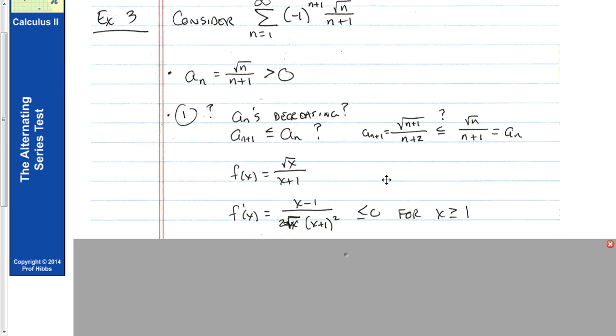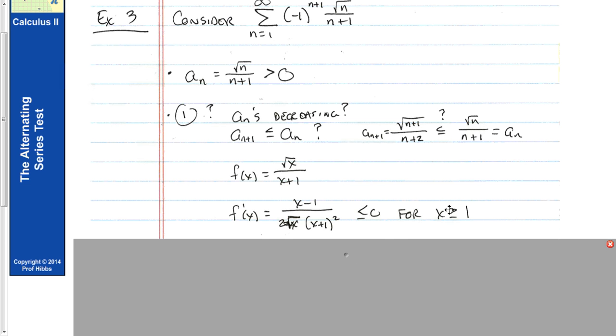So I've taken the derivative of this function, and it took a little work. I got the fraction x minus 1 divided by 2 times the square root of x times (x plus 1) squared. Now, for all x's that are 1 or bigger, and that's really all we care about, because we're comparing to n's that are 1, 2, 3, 4, and so on.